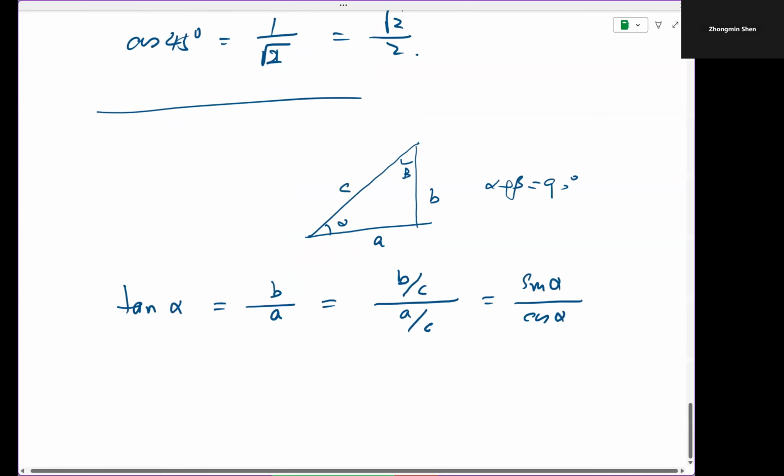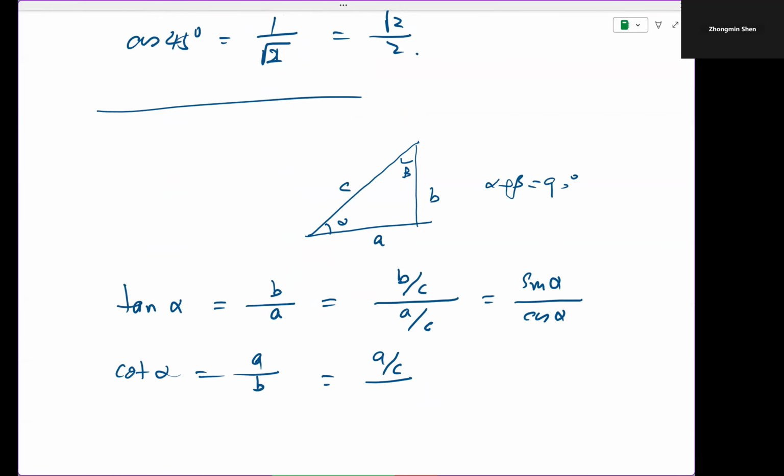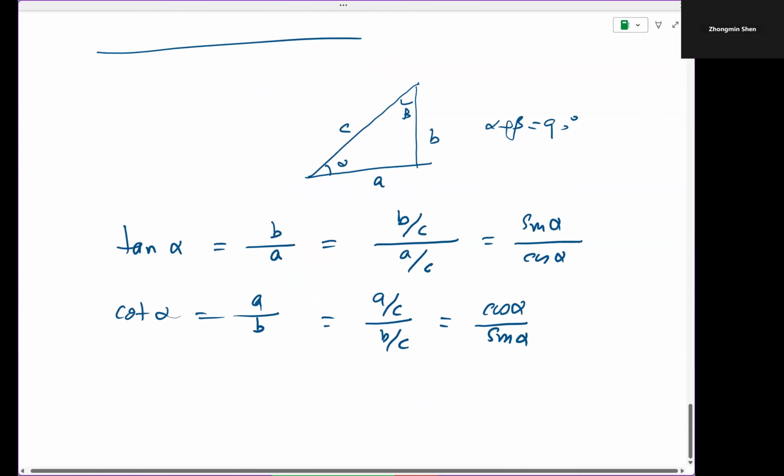And then cotangent alpha is just A over B, just turned upside down. So this A over C, B over C, it's cosine alpha, sine alpha. And then the others we call the secant alpha.